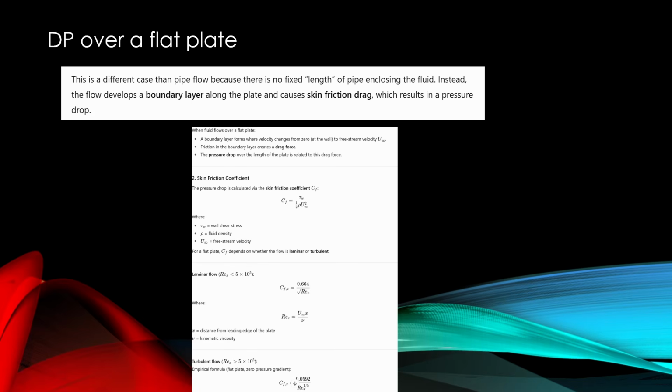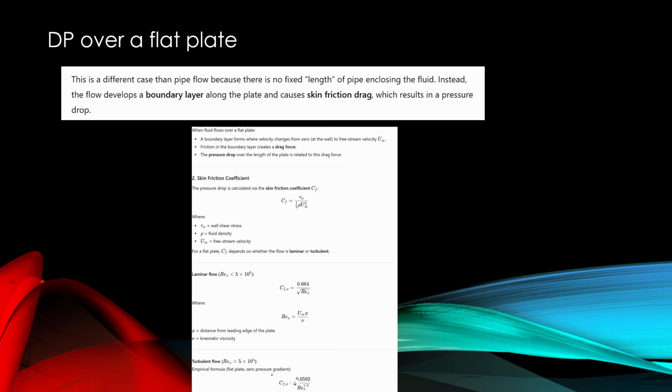When you calculate pressure drop in case of flow over a flat plate, it's simply the skin friction drag. And here is shown how you can calculate this skin friction coefficient, and for laminar flow it's this simple function of Reynolds number.